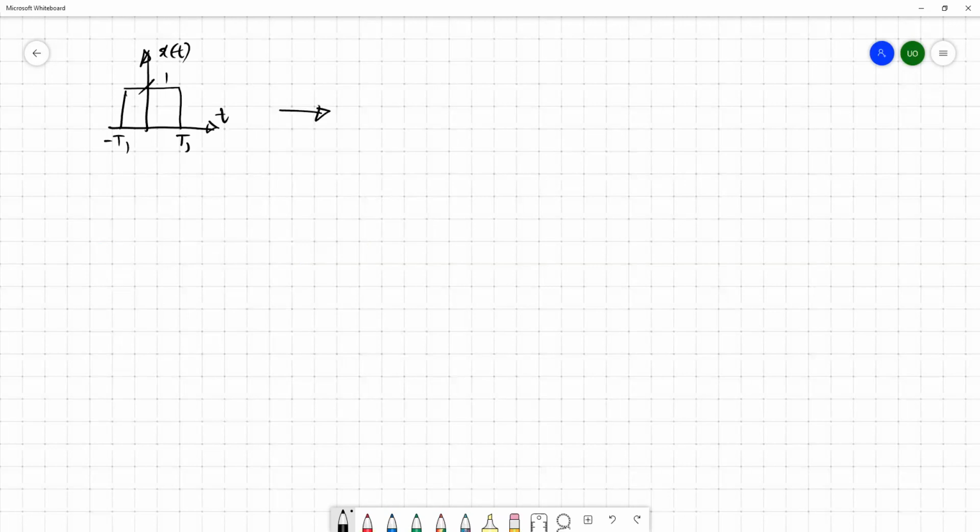We applied the Fourier transform and obtained omega T1.